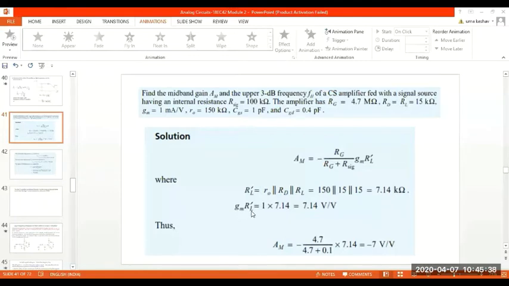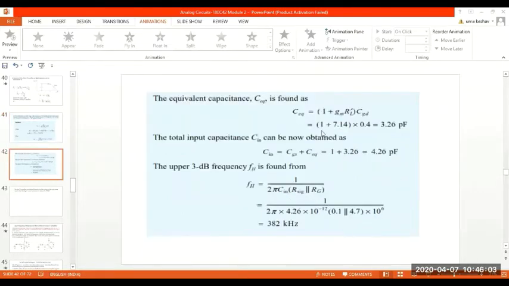And then gm into RL dash, gm is given as 1 milliampere per volt, gives 7.14 volt per volt. Finally, AM, the midband voltage gain, will result as minus 7. When I divide RG, which is 4.7 meg, a large value, by 4.7 meg plus 100K, this 7.14 becomes 7 volts.